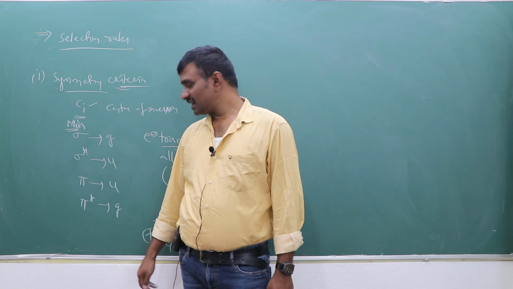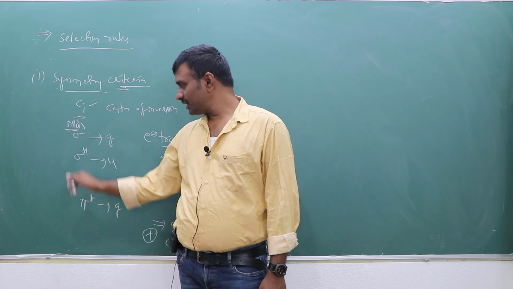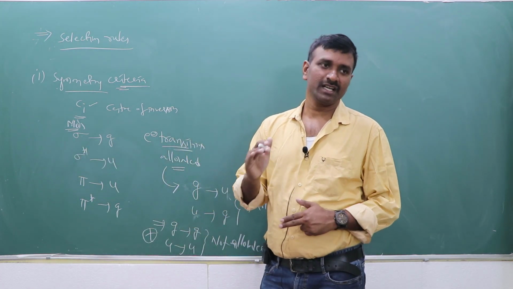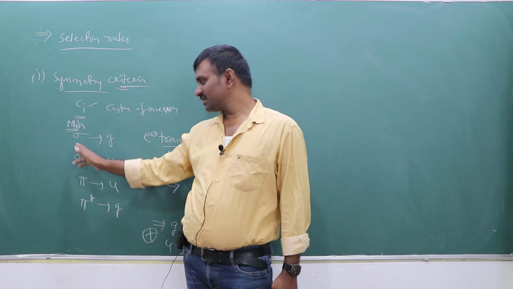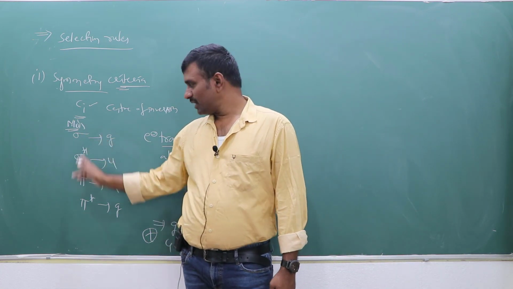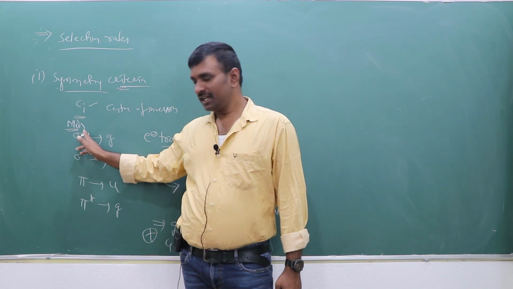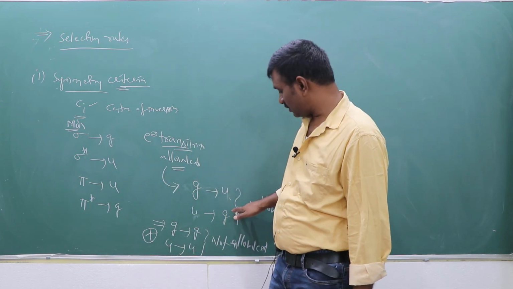Sigma star to sigma is not possible, because anti-bonding to bonding is not possible. I mentioned that only bonding to anti-bonding is possible. Sigma is bonding, sigma star is anti-bonding. Bonding to anti-bonding is possible, but anti-bonding to bonding is not, even though the symmetry is allowed.